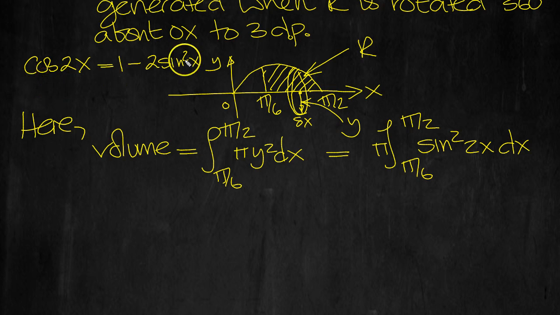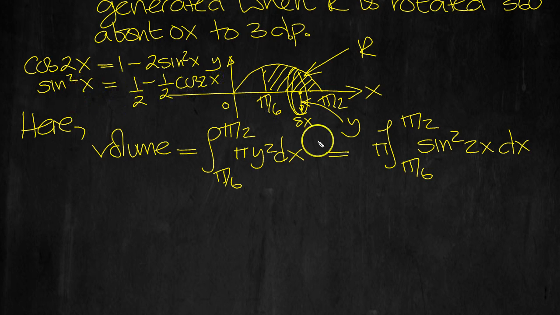So the formula in general then, just from memory, we're rearranging our formula here, it would be 1 minus cos 2x, but then we'd divide by 2 all the way through, wouldn't we? So that's just for memory, sine squared x, and we've got sine squared 2x, so let's put that in.